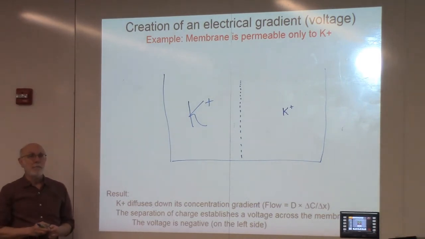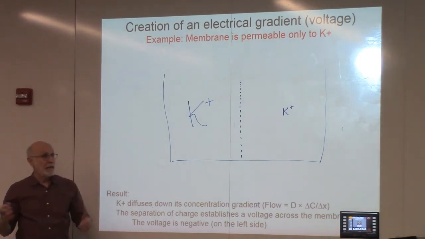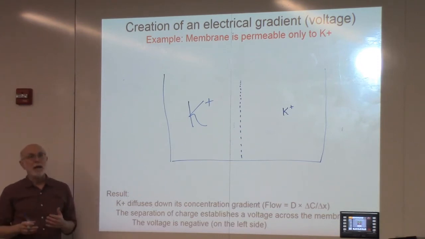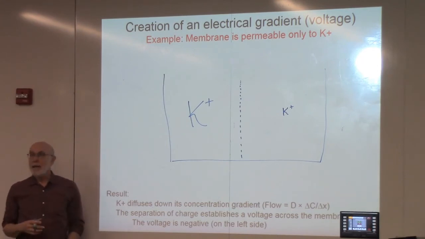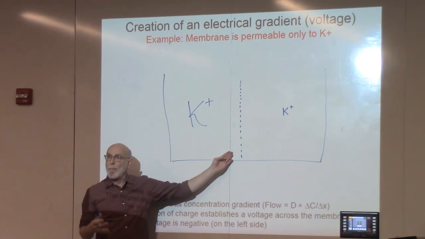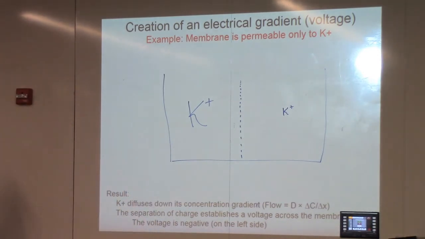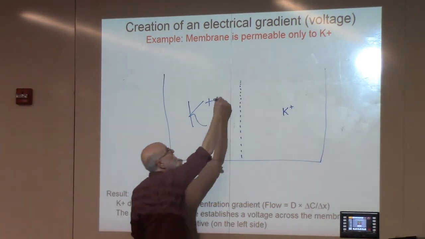Cellularly, this is a membrane that has potassium channels in it. Channels give the membrane permeability, and they're selective. So you could imagine a cell membrane that has potassium selective channels that confer a potassium selective property on the membrane. I'm not making this stuff up, this is real. So what happens? Potassium diffuses down its concentration gradient.